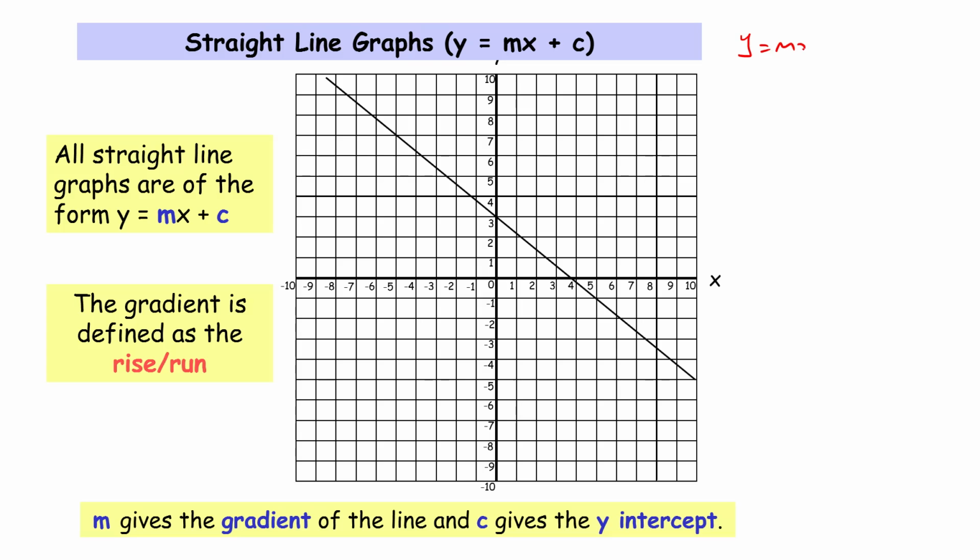y is equal to mx plus c. The gradient, m, we're going to measure it in the same way. Rise over the run. And we're going to select two coordinates, there and there.